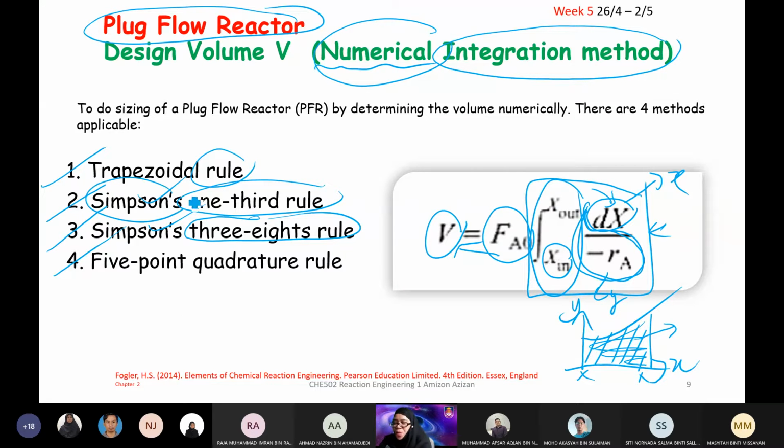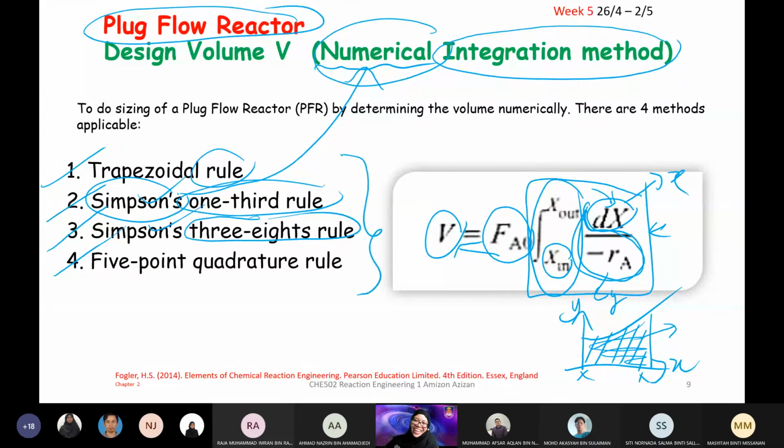Itu, ni nama orang yang duk rekod numerical integration method ni. Saya buat lawak tadi, saya sendiri gelap. Simpsons, kartun Simpsons. Yang kuning-kuning tu. Saya tahu, apa saya tahu, awak tahu. Apa awak tahu, saya tak tahu. Sama ke? Ya, dah merapu dah ni petang-petang ni.